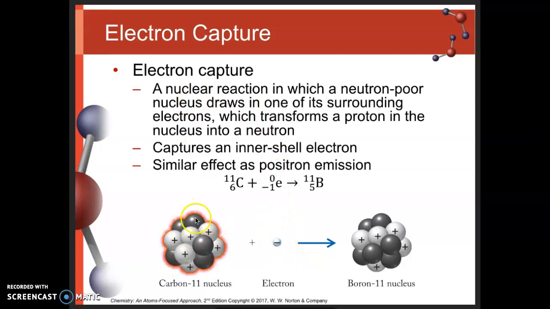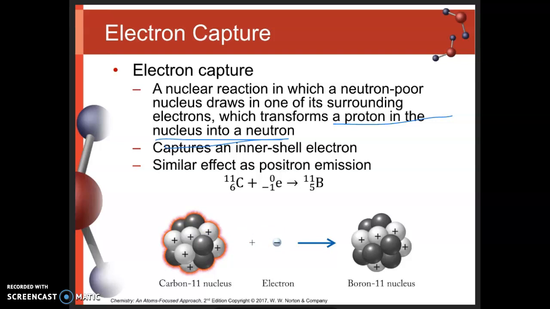So what happens here is our unstable carbon nucleus grabs a core electron from itself, and we get a proton turning into a neutron. And so the end result is the same. We get the same daughter nucleus, but the mechanism is slightly different, with the capturing of an electron as opposed to the emission of a positron.